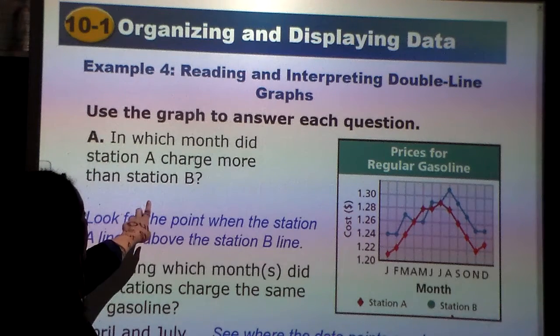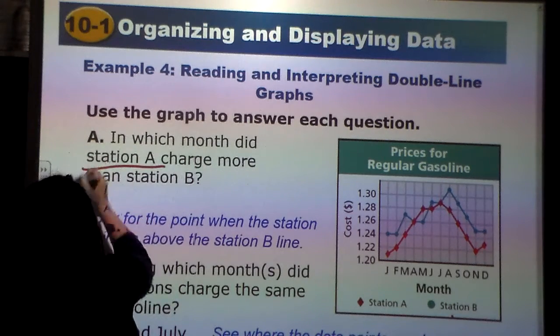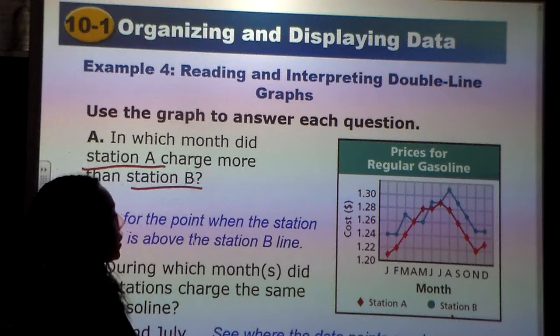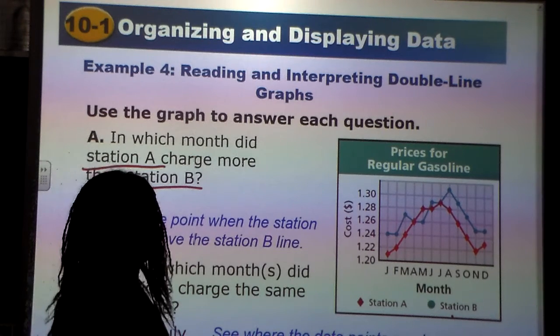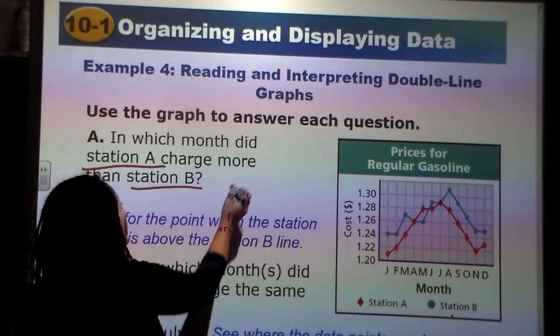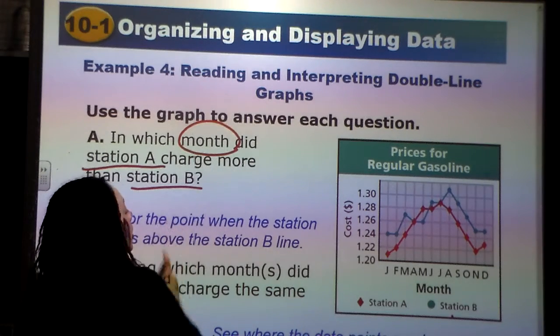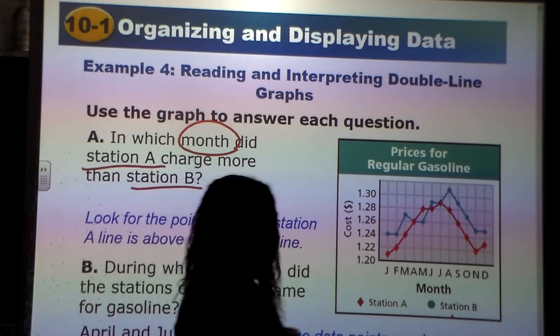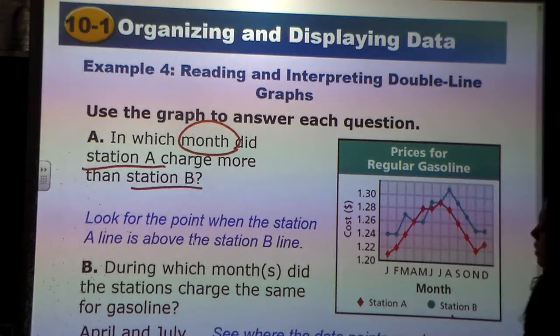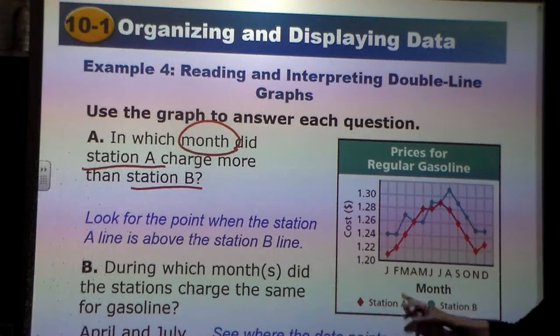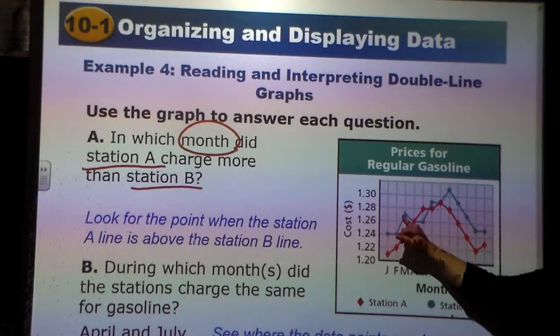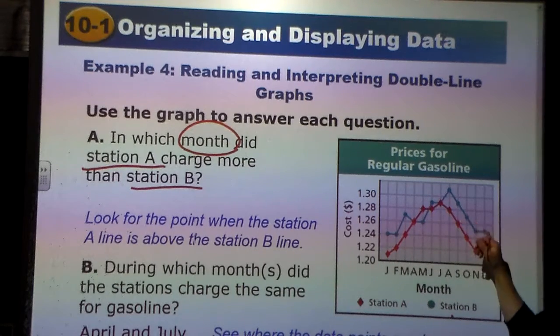In which month did station A charge more than station B? Well, "month" is not plural, so I know I'm looking for just one month. Station A is in red, and when did they charge more? It looks like station B is ahead of the game the whole time, except where does the red go higher?